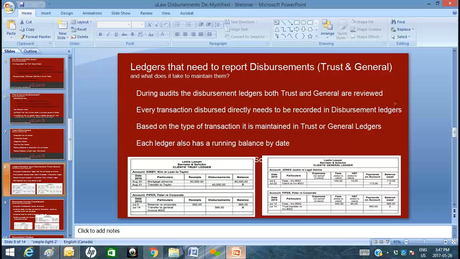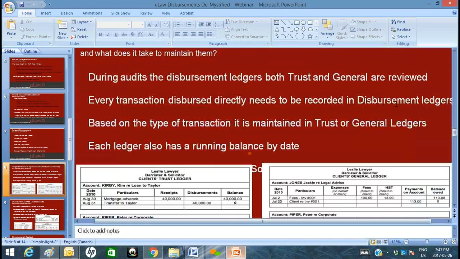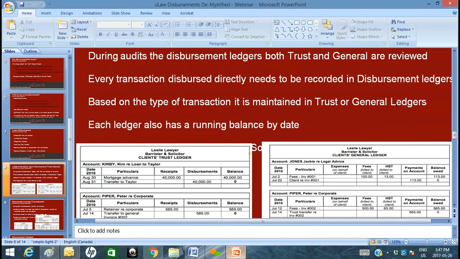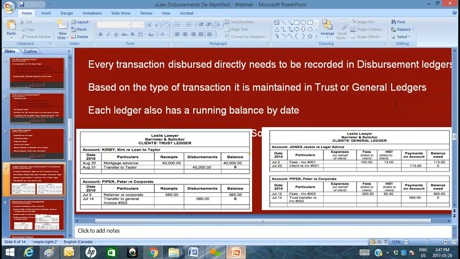And each ledger also has a running balance. So if I were to quickly expand on it, this is just a quick example out of the bookkeeping guidelines of a lawyer, Leslie, and what her trust ledger and general ledger look like.